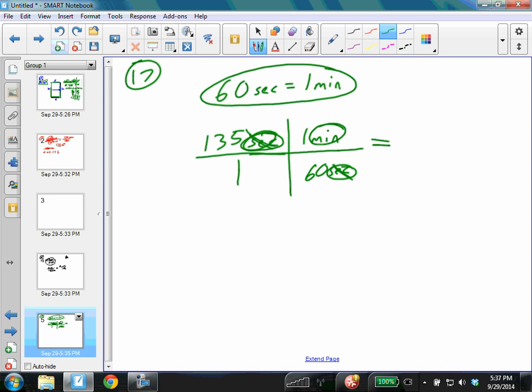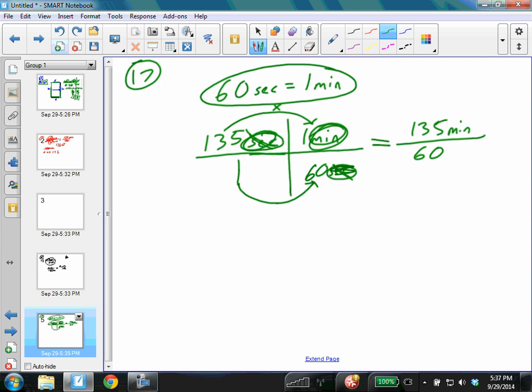So whatever my answer is going to be in minutes. And remember, all you have to do is multiply everything on top together. So I'm going to do 135 times 1, right? I'm just multiplying those together. And 135 times 1 is 135 minutes, because we had minutes on top. And on bottom, I have 1 times 60. So 1 times 60 makes 60.